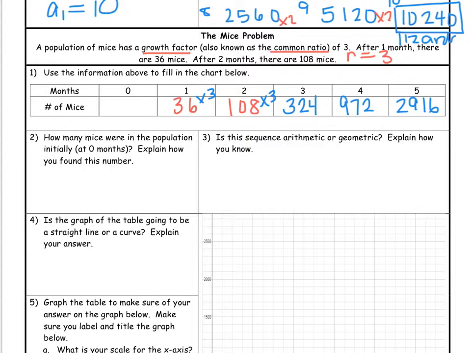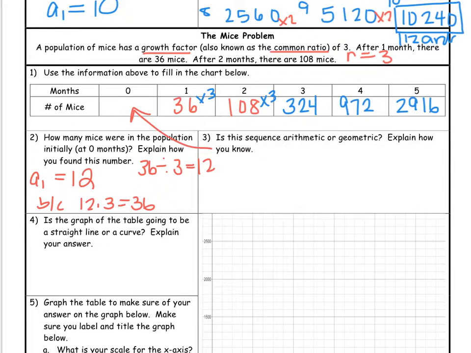To find our initial term, our A1, all I have to do is 36 divided by 3 equals 12. So our initial term is 12 because 12 times 3 equals 36. And that's the term we have right here.